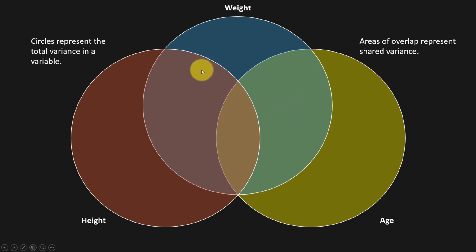As you get taller, you also get heavier. That's represented by the shared variance between height and weight. But as you get older, you also get taller. So there's some component of this that's explained by both.